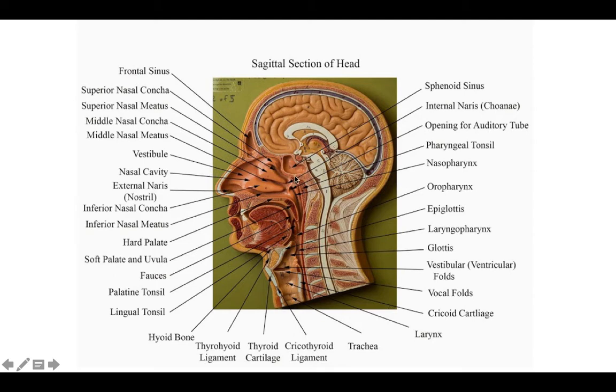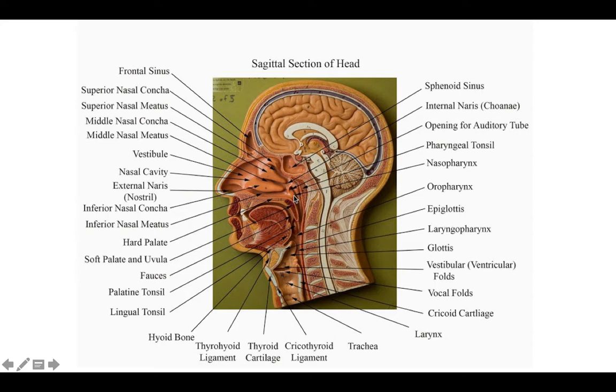As those meatus open into the pharynx, we call these openings at the other end of the meatus the internal nares. So these are the internal nares opening into the pharynx, and specifically, they're opening into what we call the nasopharynx. So this area here is going to be the nasopharynx, because we're going to talk about this area down here, which is going to be the oropharynx.